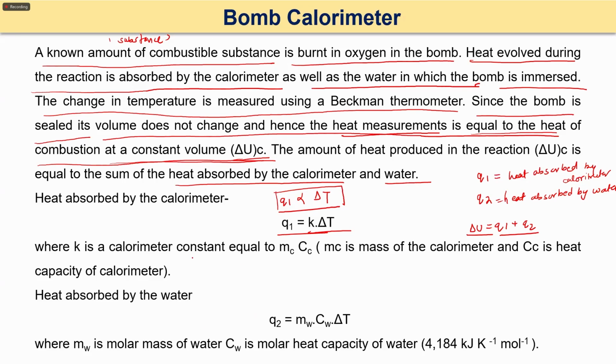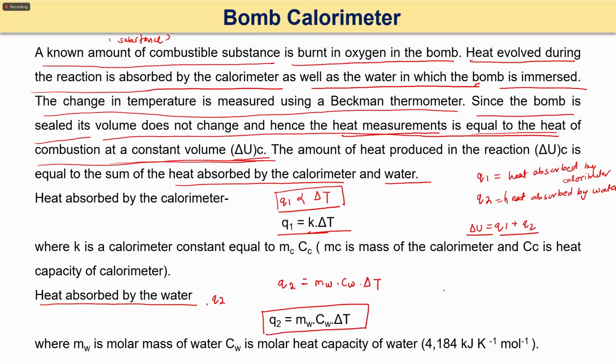Similarly, the heat absorbed by the water, which is Q2, since we know the heat capacity of water, will be mW into Cw into delta T. This is what is written over here.